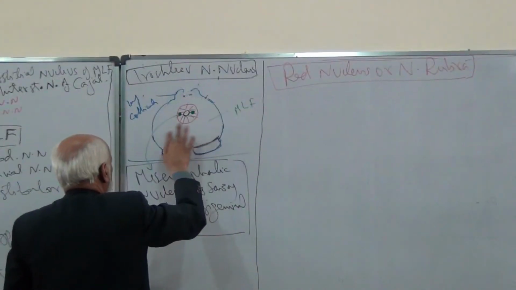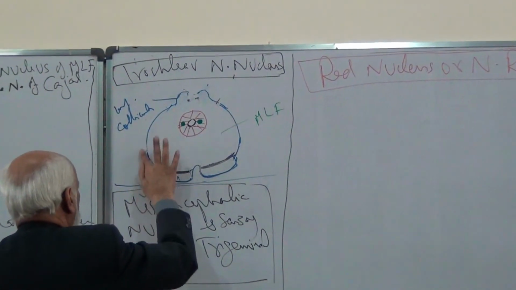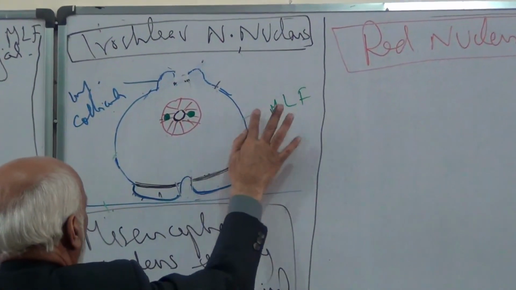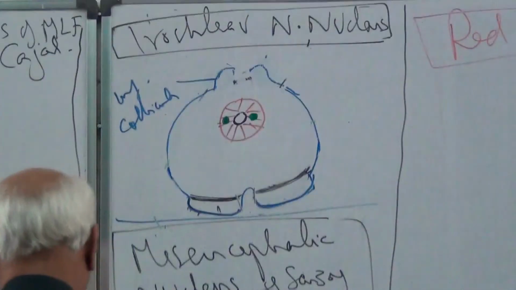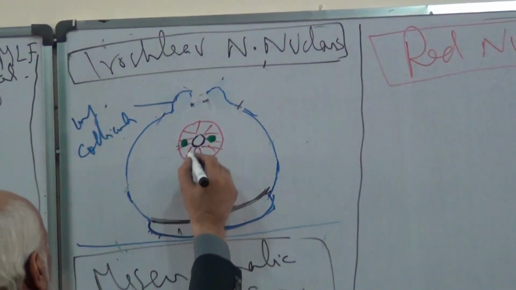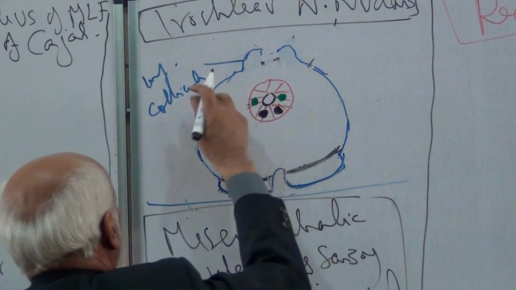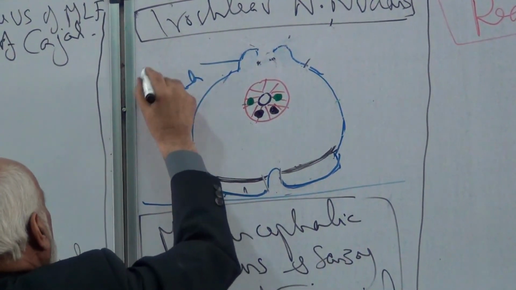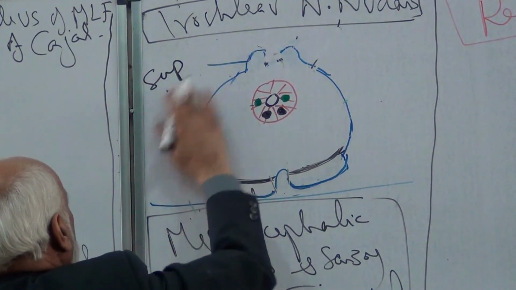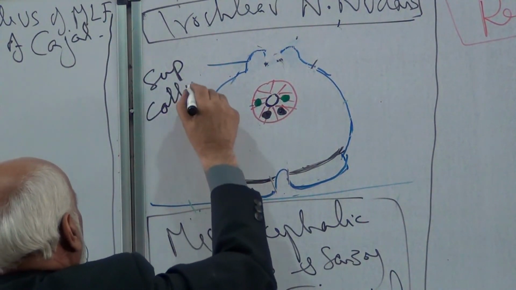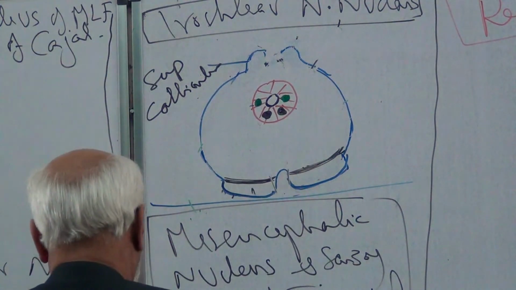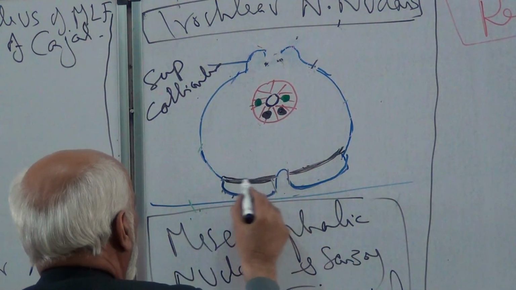Now, where is the red nucleus located? For example, if this is a section of the midbrain at the level of the superior colliculus, here are the oculomotor nuclei, this is the superior colliculus, and this is the substantia nigra.